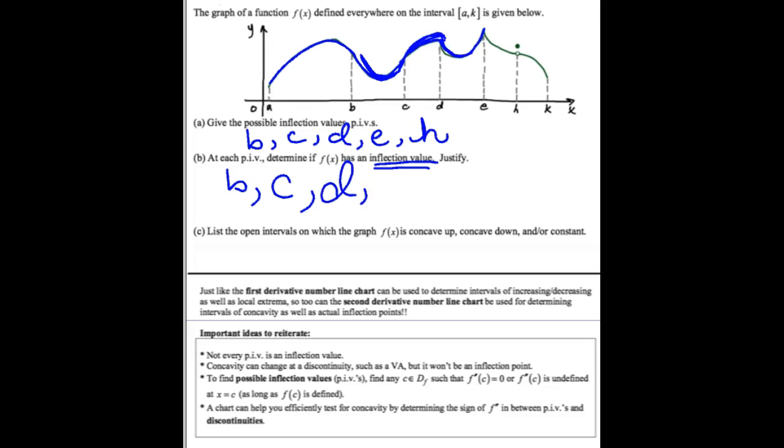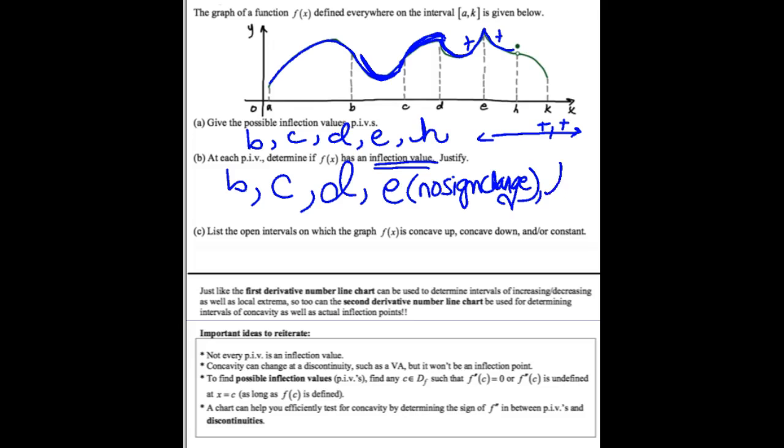So D is also an inflection value. At E, the answer would be no, because if I ran a sign chart on there, there would not be any sign change. There's a curvature issue, but it's not a sign change in the curvature. So it's possible, but this would have had a second derivative positive, and then I'm still holding water. So it would have appeared on my sign chart mathematically, but there would have been a plus on both sides.